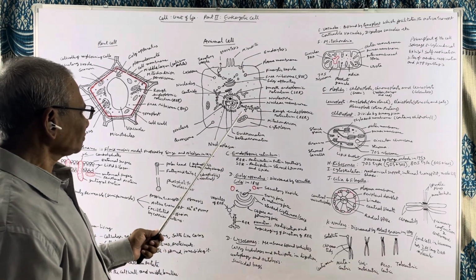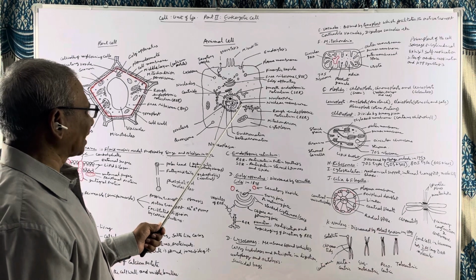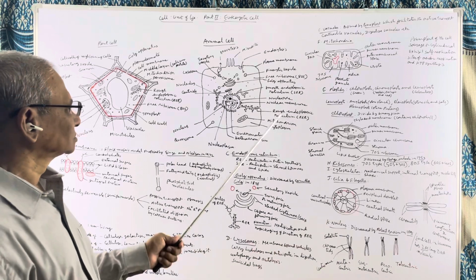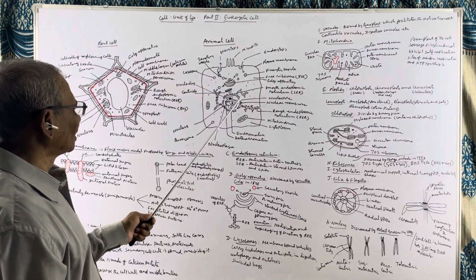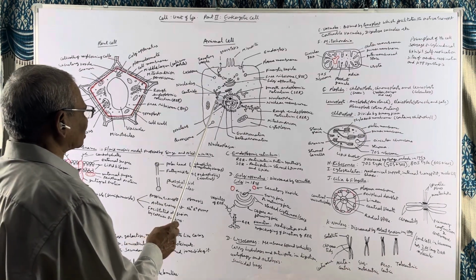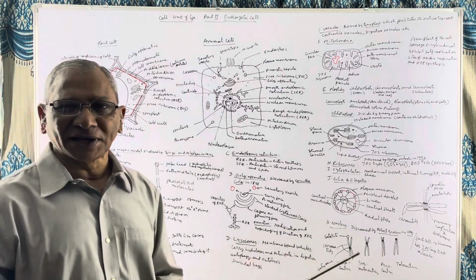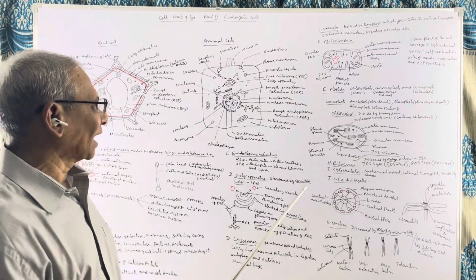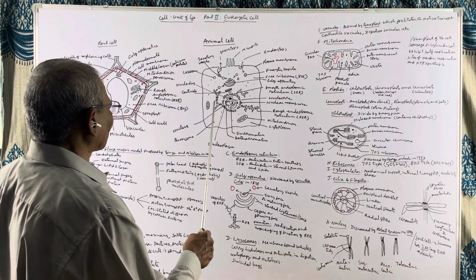Then, the endoplasmic reticulum connects the nuclear membrane with the plasma membrane, like this. Then, inside we find a network of rough endoplasmic reticulum. The ribosomes attached to the rough endoplasmic reticulum participate in the synthesis of proteins, enzymes, and hormones, and they are released into the lumen of the rough endoplasmic reticulum.